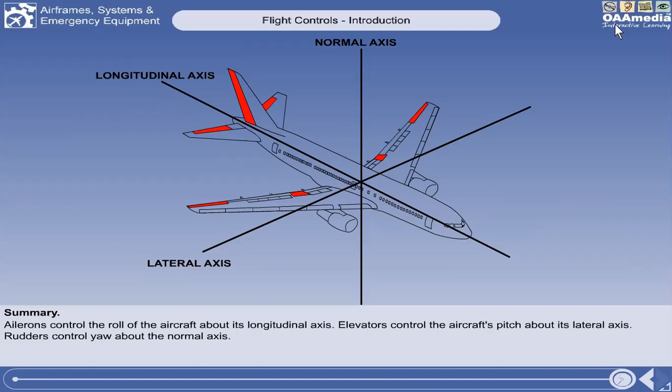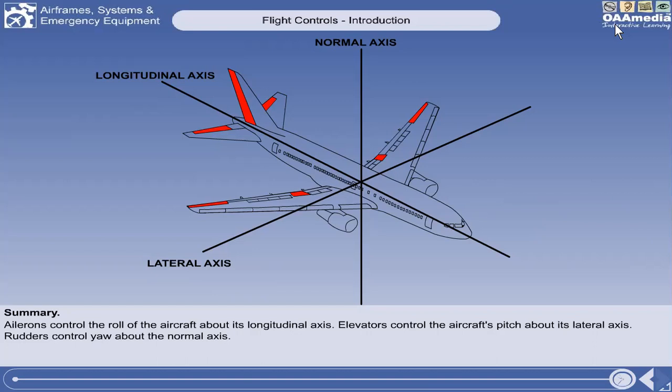Then the rudders control the yaw of the aeroplane about the vertical or normal axis, and the rudder provides directional stability.